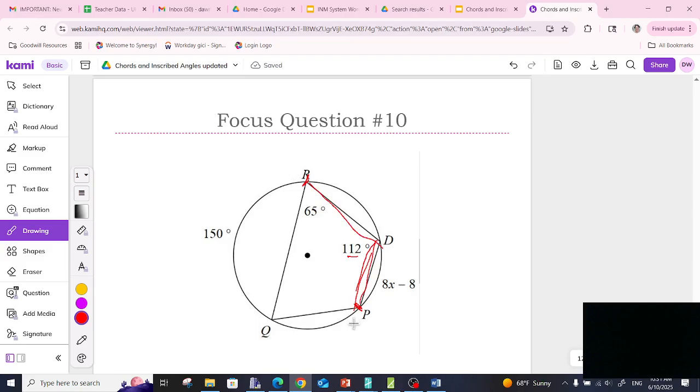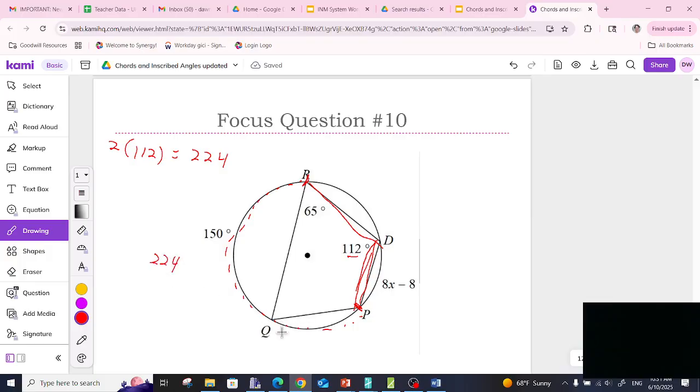RQP is going to have to be 224 because of this inscribed angle of 112. 112 times 2 is equal to 224, right? So all the way around here is 224.